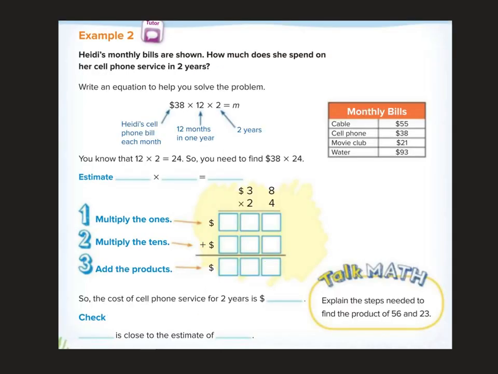Okay, here we have Heidi. Her monthly bills are shown. How much does she spend on her cell phone service in 2 years? So let's go over here. It says cell phone is $38 a month. So if it's $38 a month, first we need to figure out how much it would be for 1 year. So 1 year is 12 months.